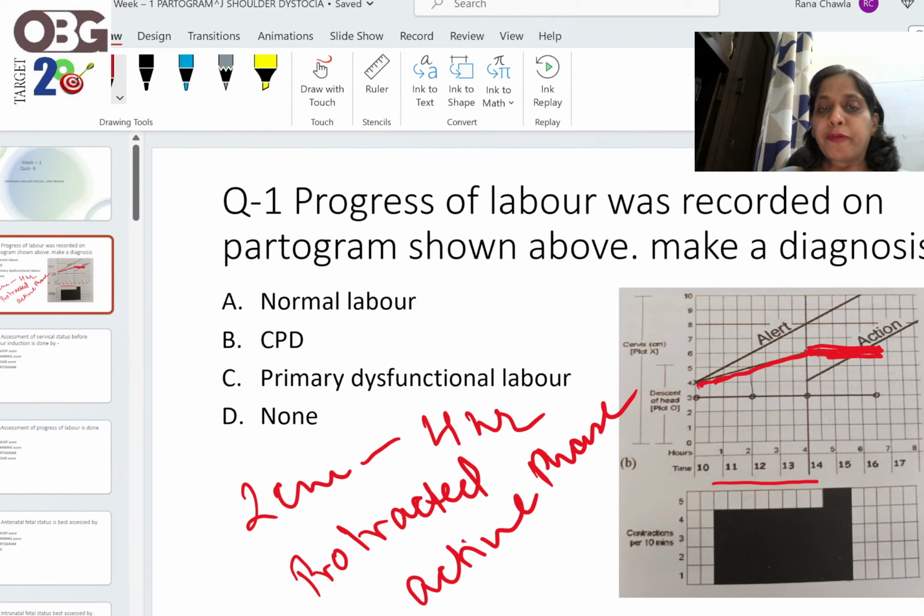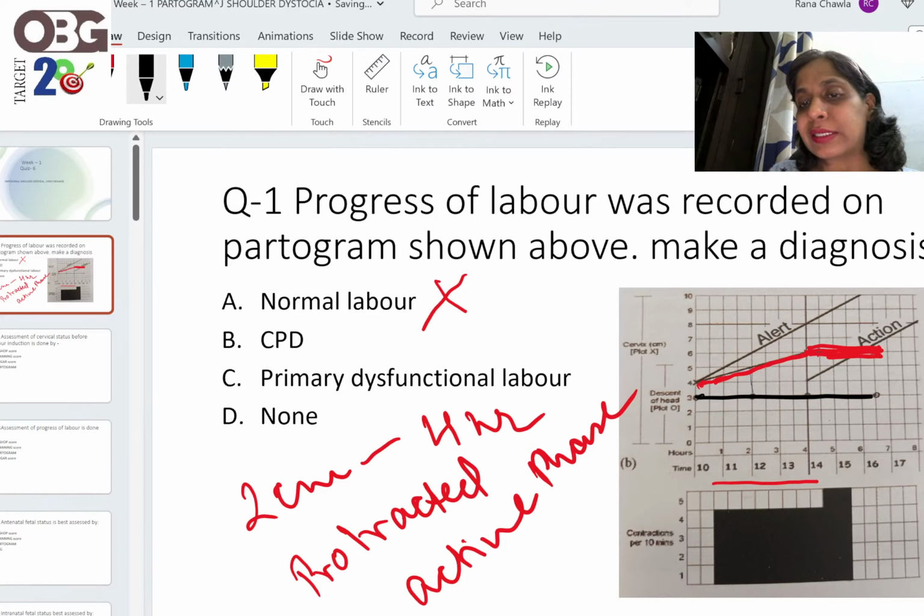Of course this is not a normal labor, because in normal labor the dilatation is 1 centimeter per hour. Now they have also shown us the descent curve. What is happening in the descent curve? The head is at the same position, -3, right? So this clearly shows us that there is no descent, and dilatation is also slow.